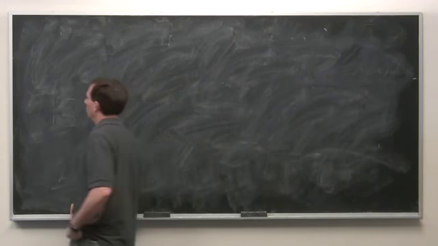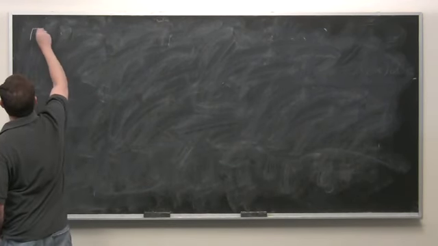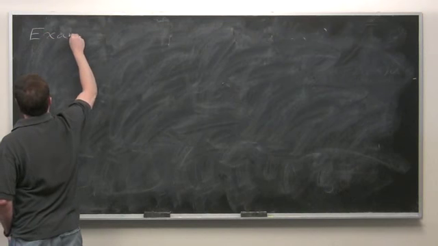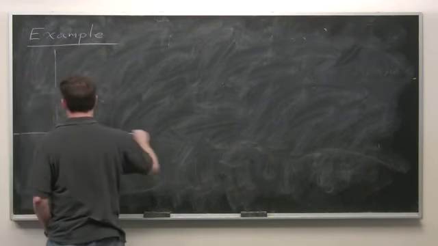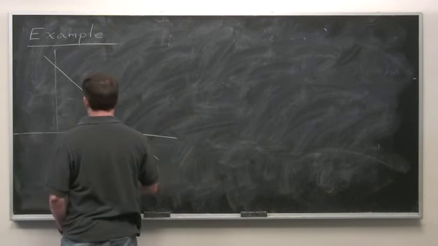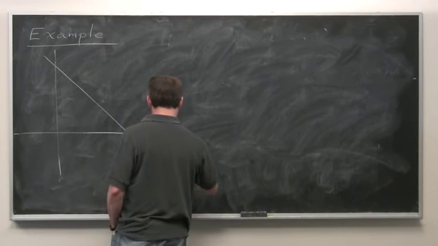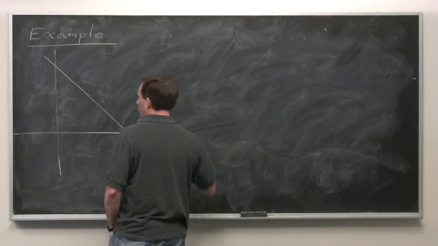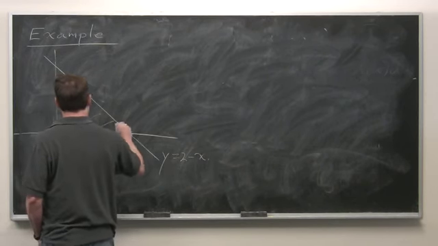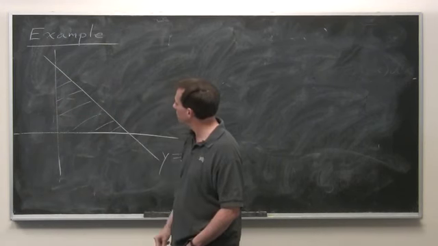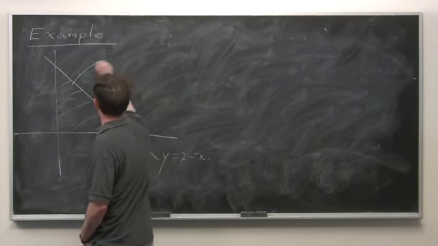So let's take y equals 2 minus x and assume that we have this triangular plate right here. So think thin metal plate.